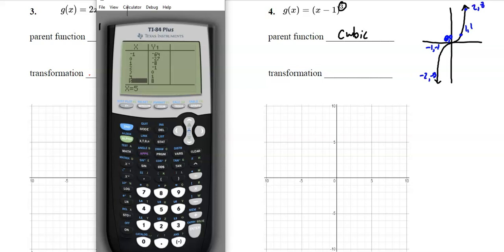Now I'm at 3, 0 instead of 0, 0. And now I'm at over 4, up 1. I'm at over 2, down 1. So it's got this same little bit, it's just happening over here. So it looks like this function got translated 3 to the right. It's the normal y equals x cubed, but it got moved 3 to the right.